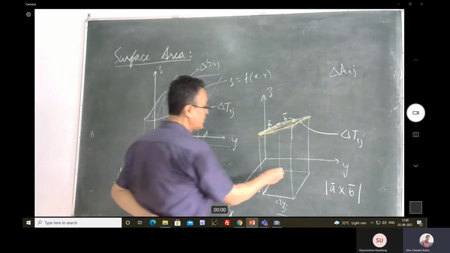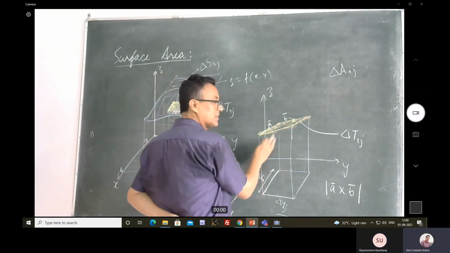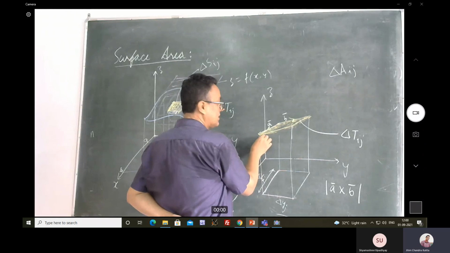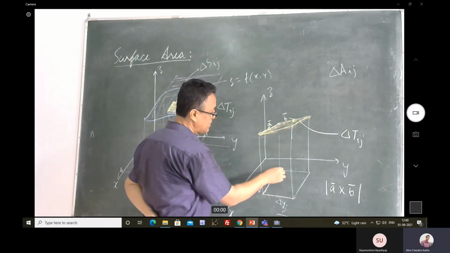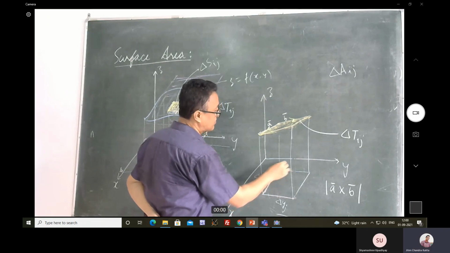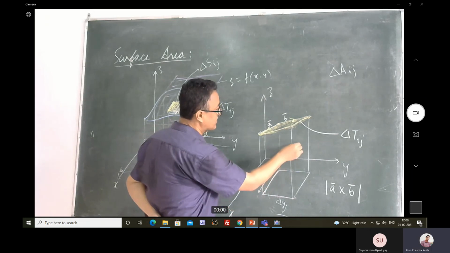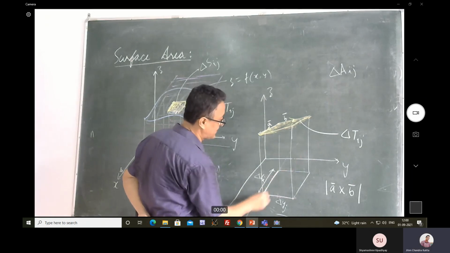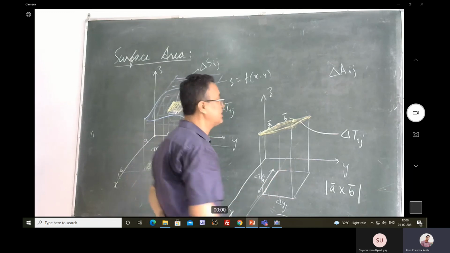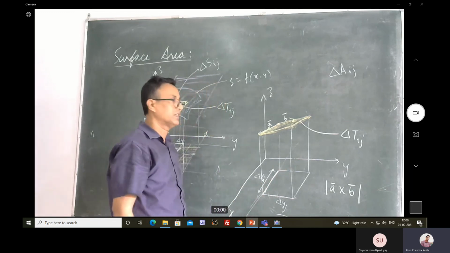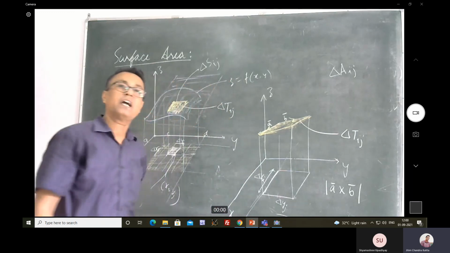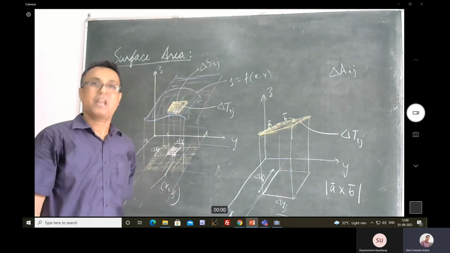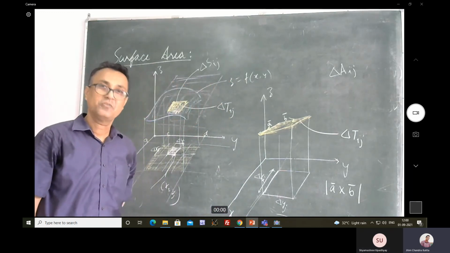Yes. Fine. Because it is cut out from a plane which is nothing but this plane, isn't it, corresponding to where your y is constant. Similarly, this vector B is going to lie on the yz plane. Is it okay? Fine. Yes.